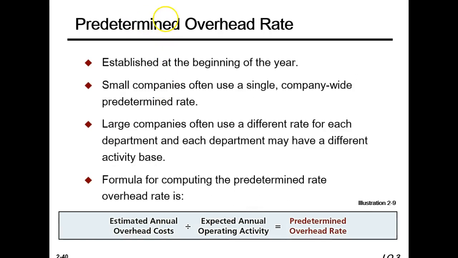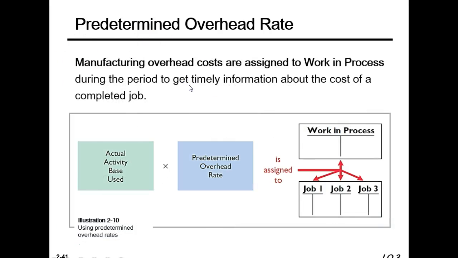So, the way we're going to calculate a predetermined overhead is based on the previous year's estimation of how costs actually played out. We're going to come up with a predetermined overhead at the beginning of the year. Then from there, we're going to estimate our factory overhead that we're going to apply to each product line.